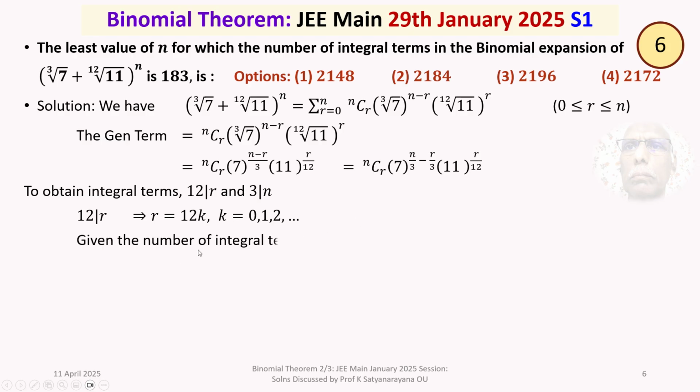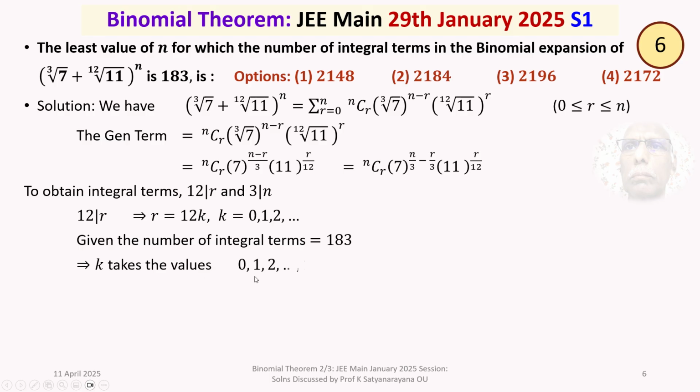But we are given that the number of integral terms, that means the number of terms where we get integers, is 183. So k should take values 0, 1, 2 up to 182. Because 0 is included, 183 terms will be 0, 1, 2, 3 up to 182.